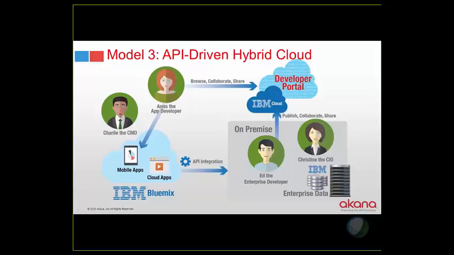And it's where folks like Anna can browse and share and collaborate with the folks on-premise who are making that data available. So the developer portal becomes this very key scalable technology that allows for a great deal of interaction and which also greatly simplifies and eases the process of discovering and utilizing APIs. So that's the first very important innovation in this model.